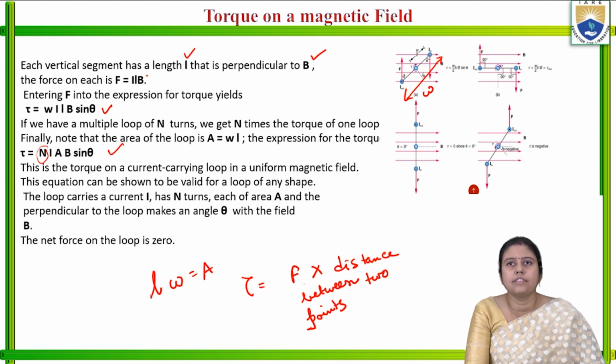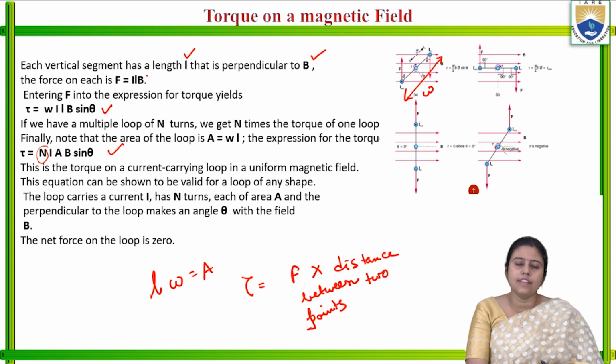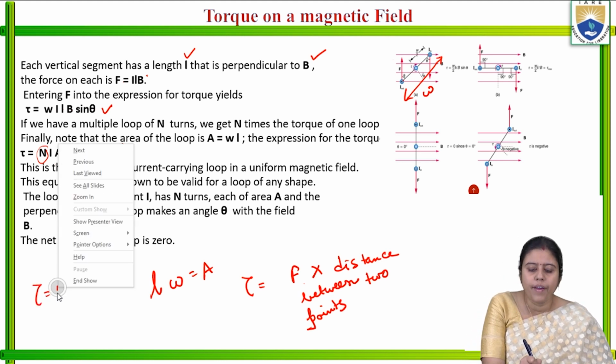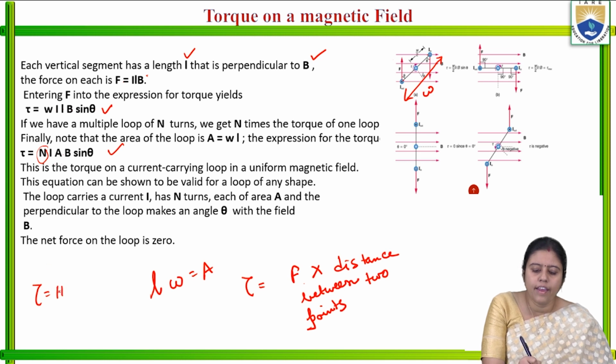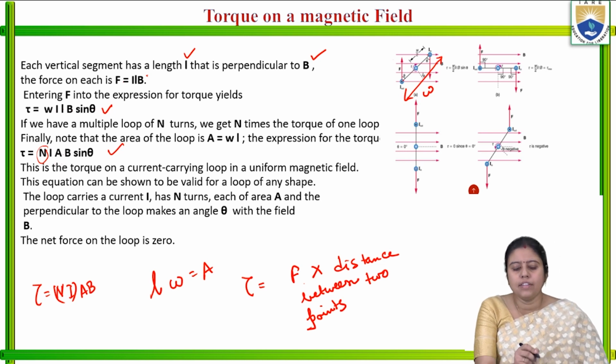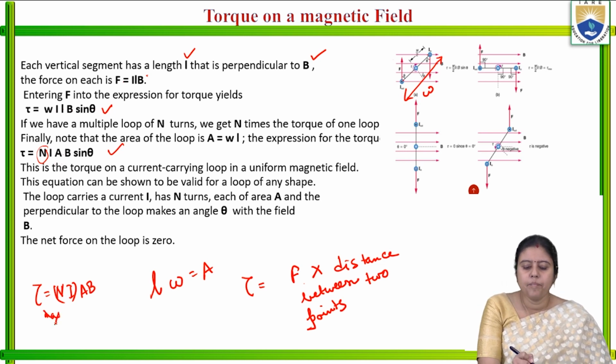What is B? B is the flux density and theta is the angle. Then what is the maximum value of the torque? N I A B is the value of T max.